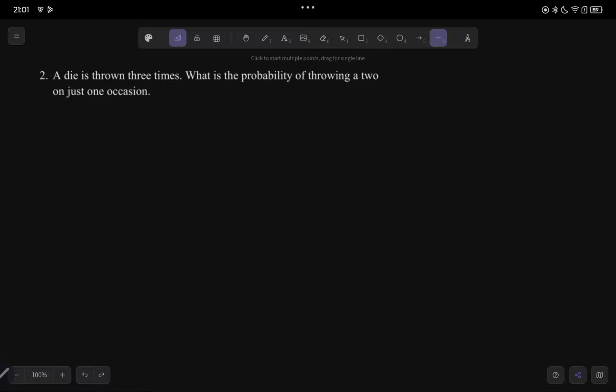Now, when you throw a die, the event is having a 2. Let me first define the event. Here, the event T means having a 2.